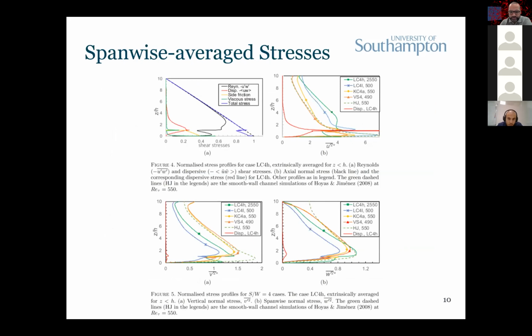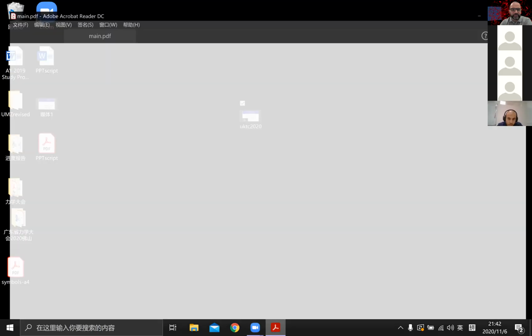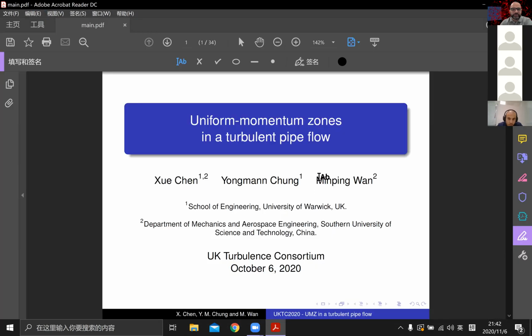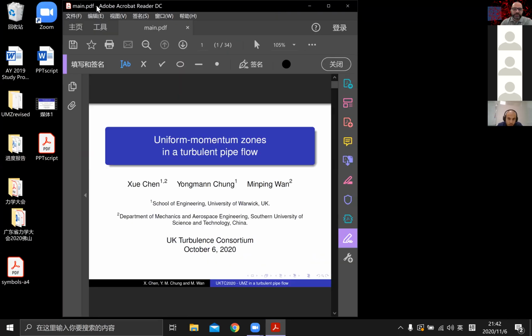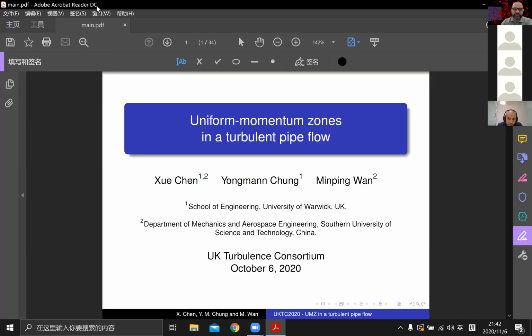Okay. Well, thank you very much. We need to move on to the last talk. So I'm going to ask Yvonne if she can share her screen. And so the next talk is from the University of Warwick. It is going to be given by Yvonne Chen, and this is work with her supervisor. And this is about turbulent pipe flow and uniform momentum zones.